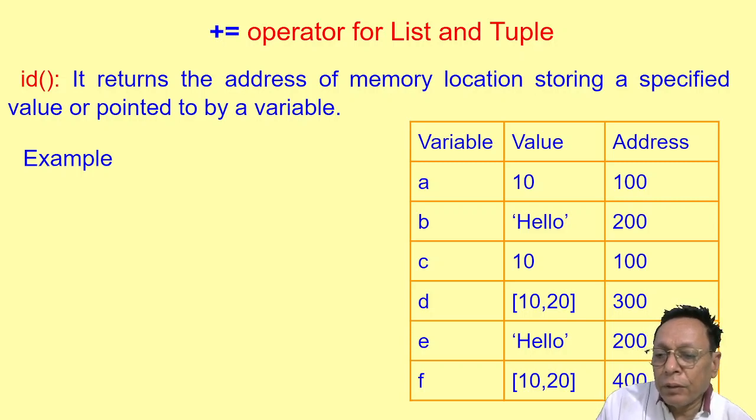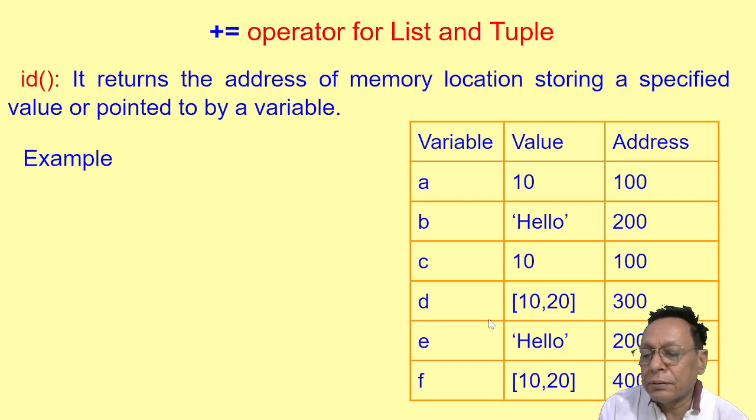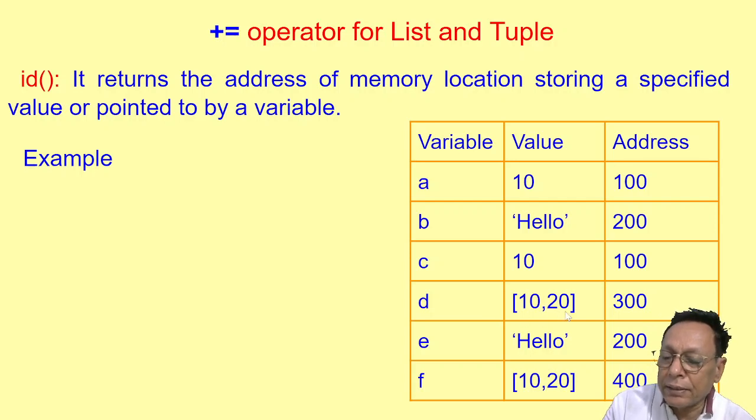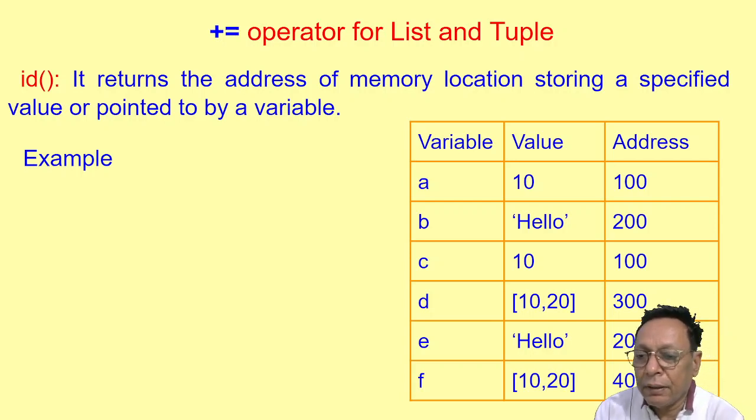Similarly, when you come to D, D is a list, and suppose its memory location is 300. When you create a list, it occupies some space in memory, and the address of that memory location is 300, right?